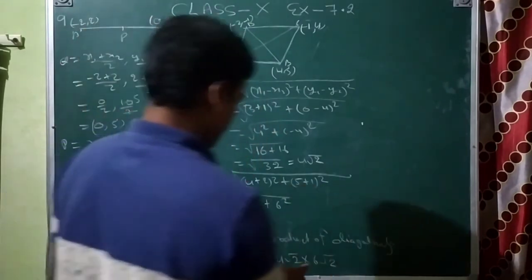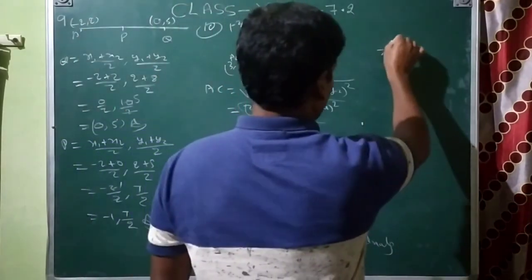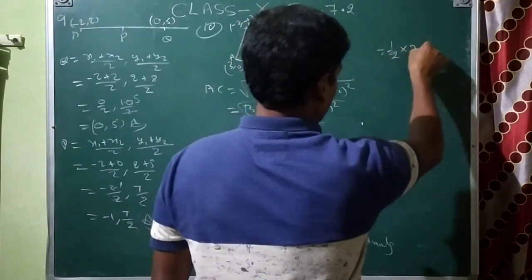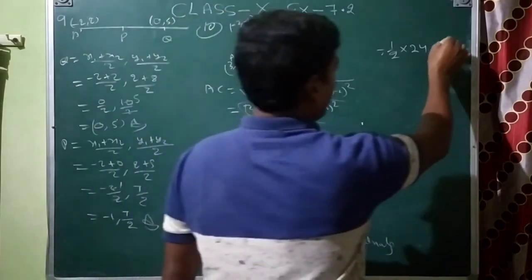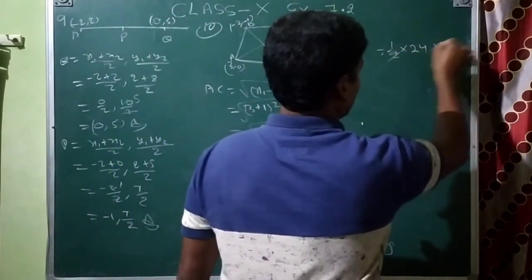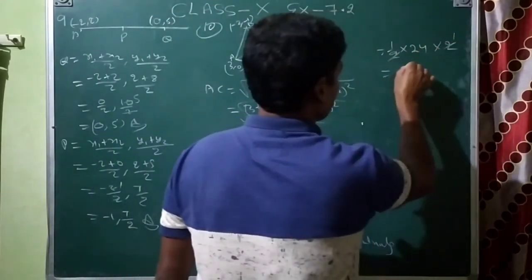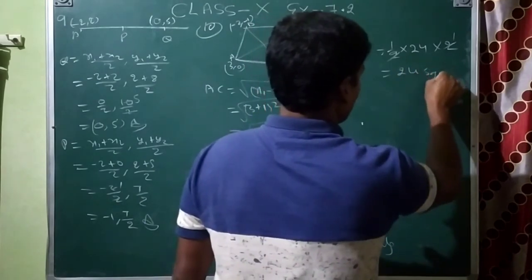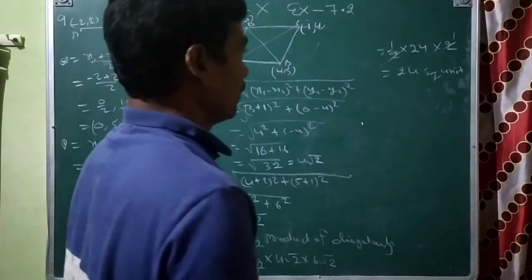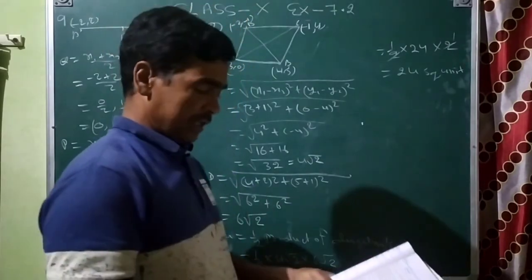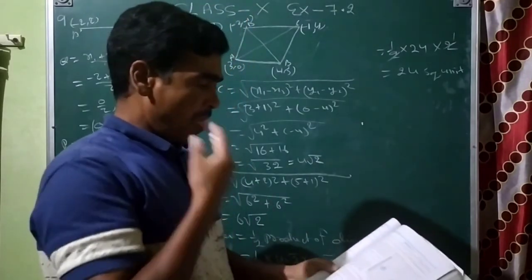So 4 times 6 is 24, and the root 2 times root 2 cancels. So that is 24 square units. Square units, because no centimeter or other unit is given. Okay.